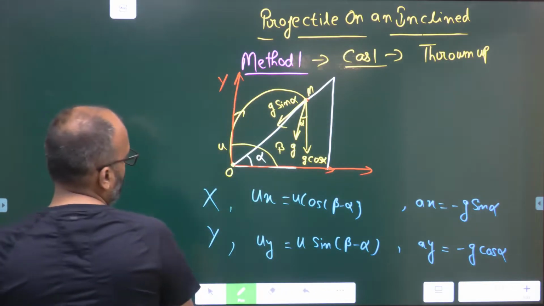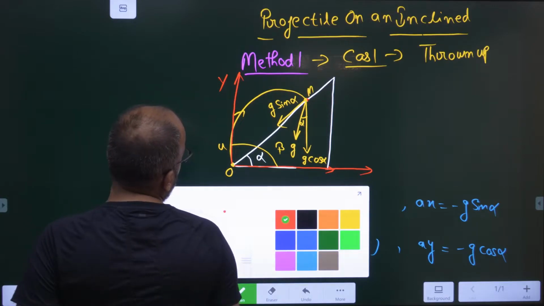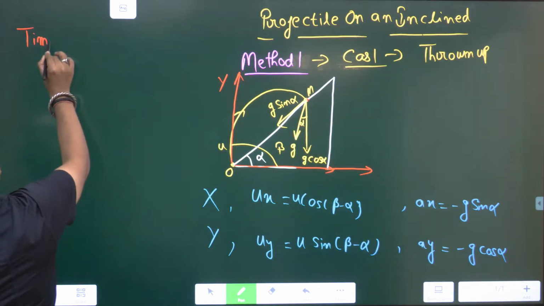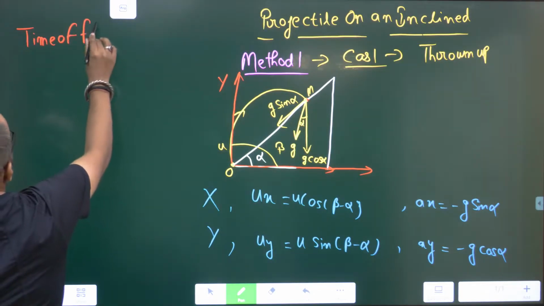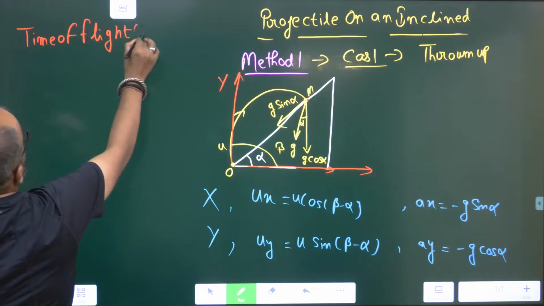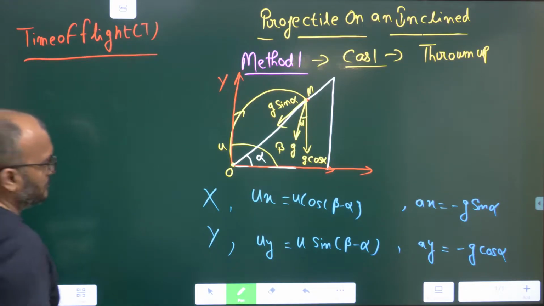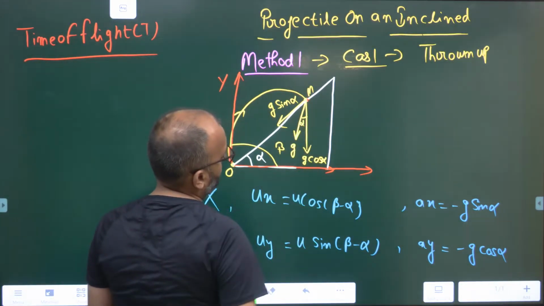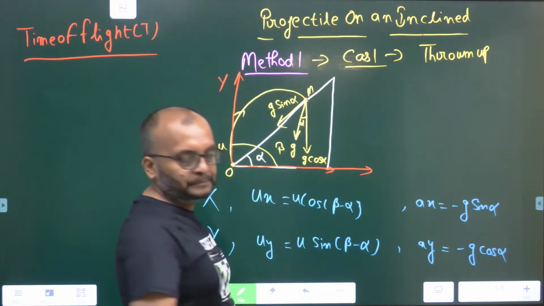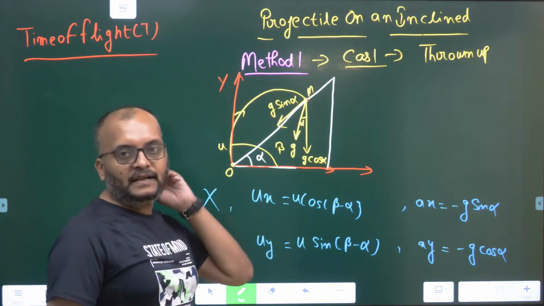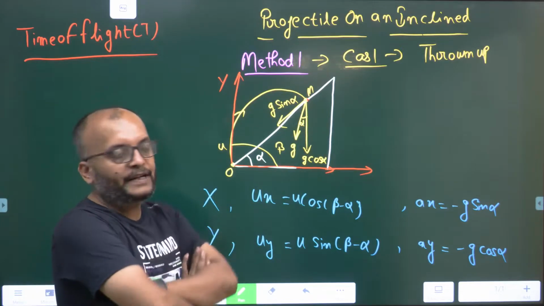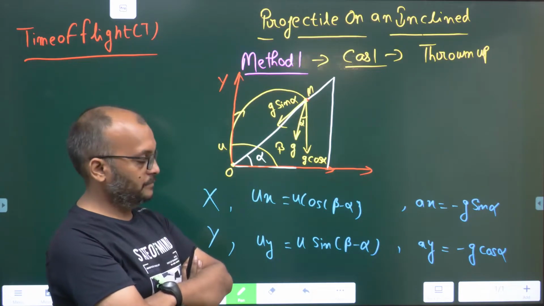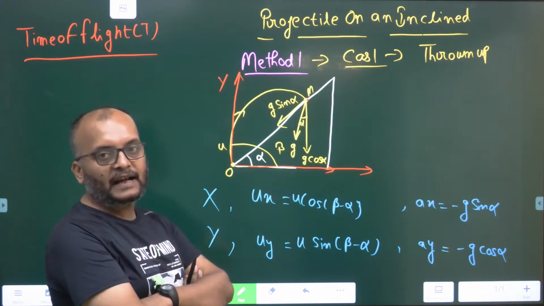Okay, now let us find out time of flight. Expression for time of flight. It is t. Please see, at point M, what is the vertical displacement of this projectile at point M? Sy, I want to know Sy.